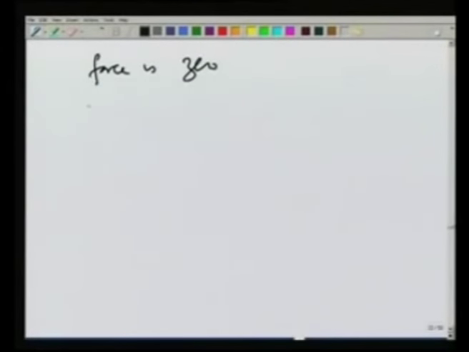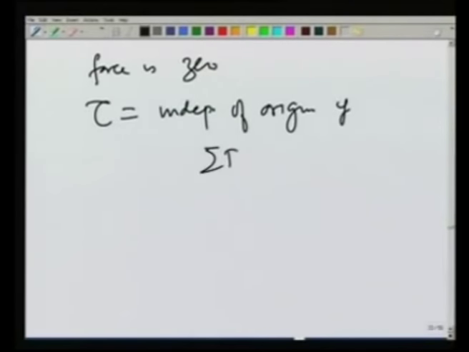Let me rewrite this again. Tau is independent of origin if summation F_i is equal to 0.